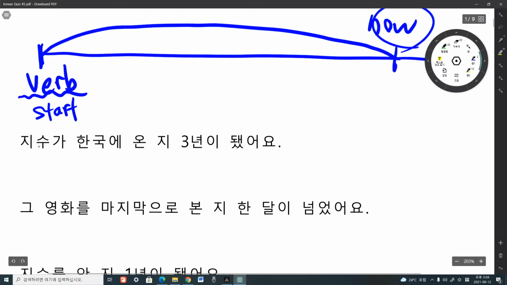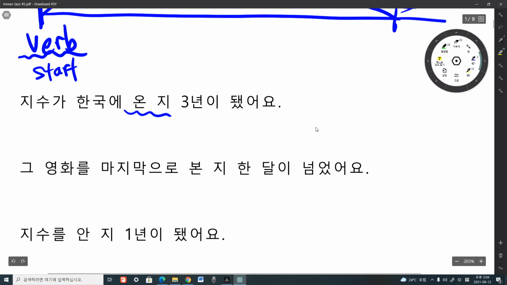For example, if you say 지수가 한국에 온 지 3년이 됐어요. 지수가 한국에 오다, right? 오다 is a verb that means to come.